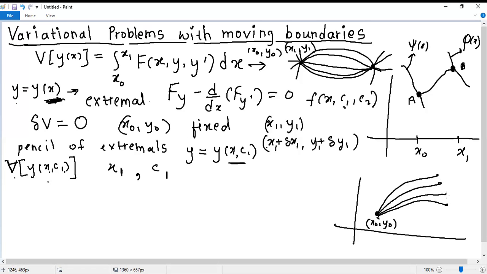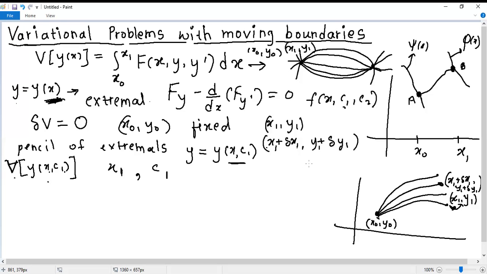Let us suppose this is the point (x1, y1). Then this will be (x1 plus delta x1, y1 plus delta y1). Only the second point (x1, y1) is allowed to move, and this first point remains the fixed one.